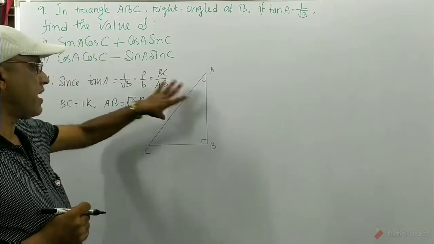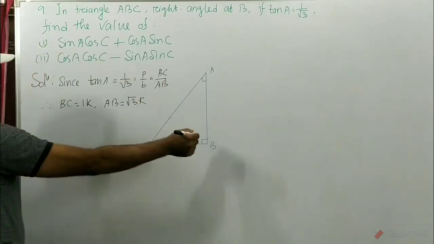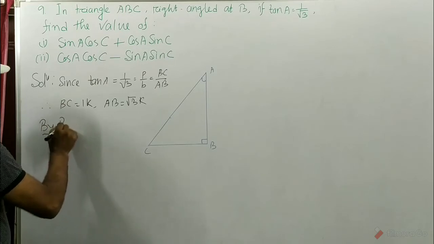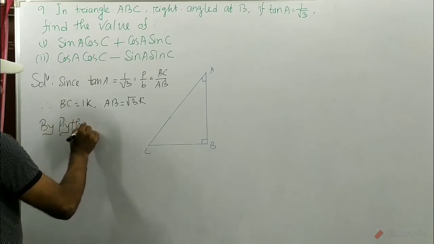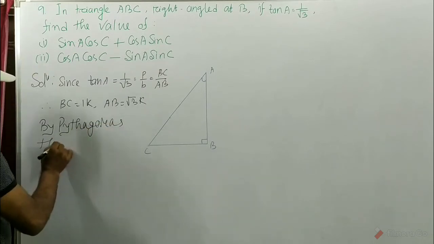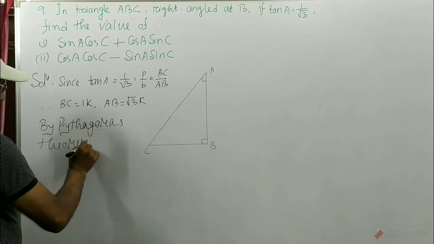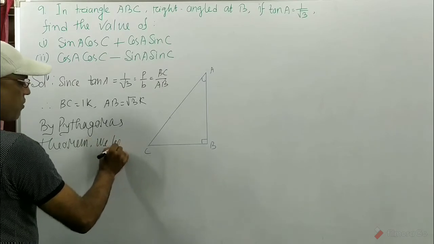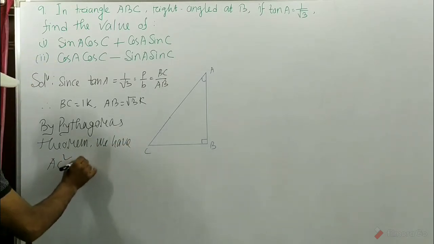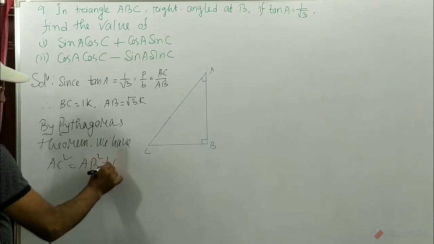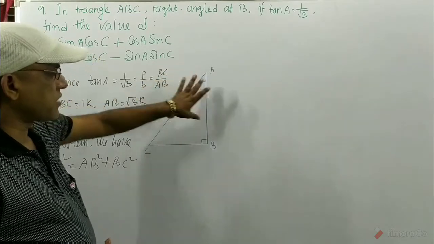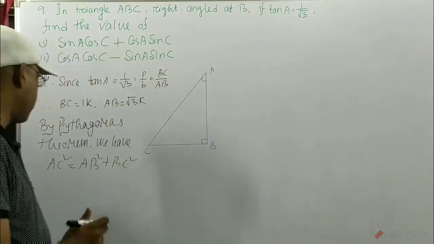Now we have to find AC. This is a right angle triangle, so by Pythagoras theorem, AC square equals AB square plus BC square. We know hypotenuse square equals perpendicular square plus base square.